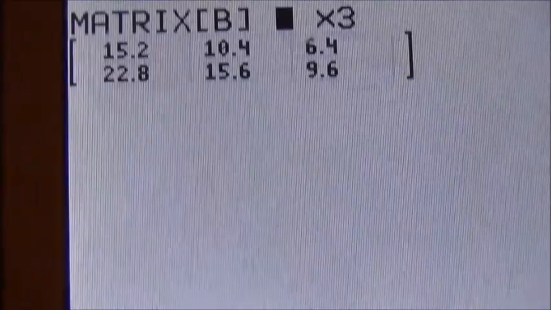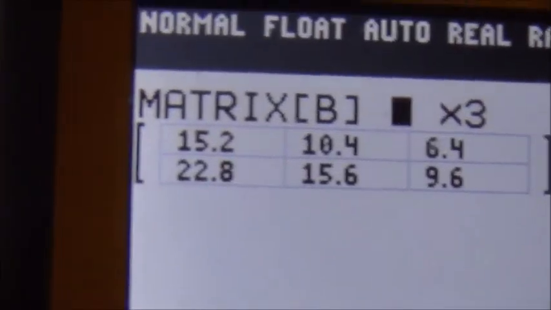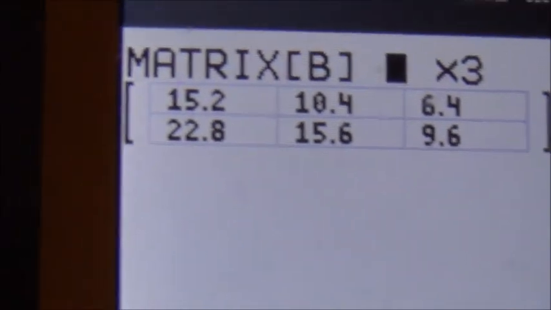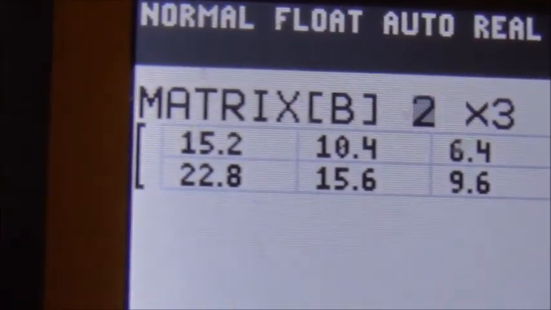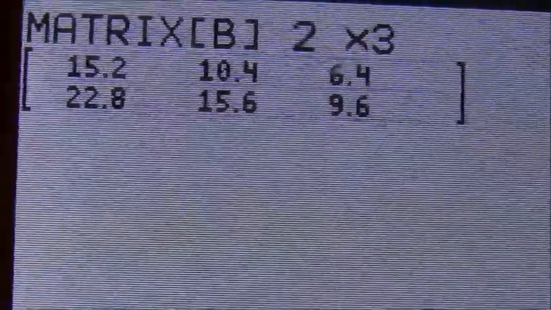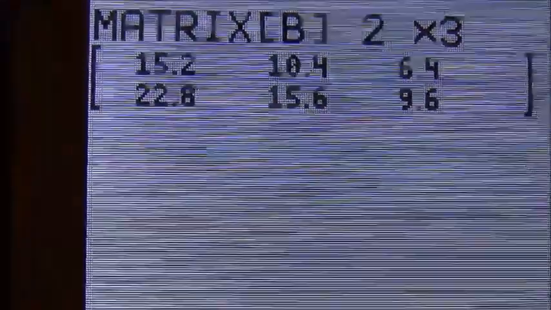So I'm going to hit number 2, and you can see then that my expected values would be 15.2, 10.4, and 6.4 for the males for each of those. Then for the female, football is 22.8, baseball is 15.6, and hockey is 9.6. So those would be your expected values.